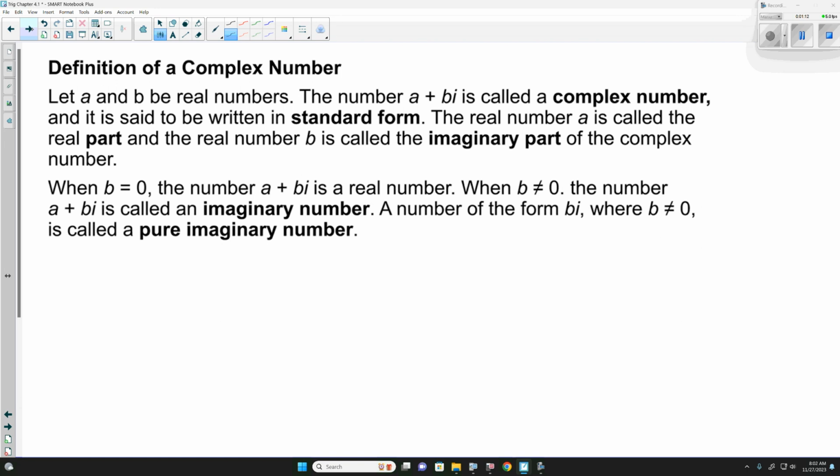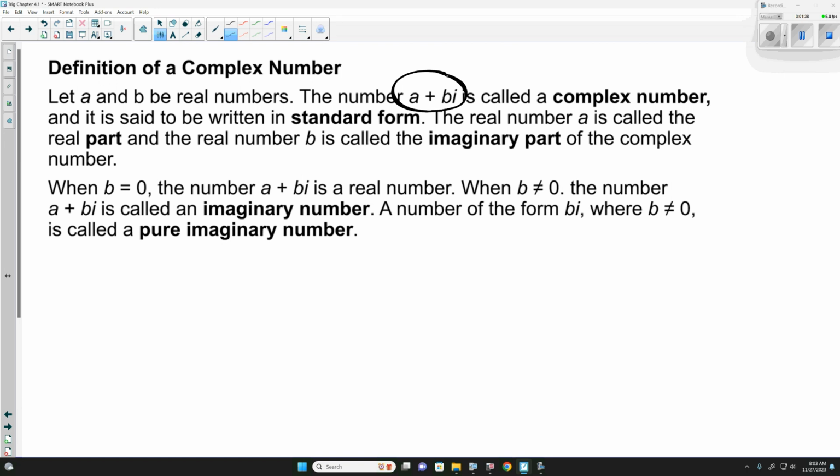Complex number: a plus bi comes in this form. It is a complex number, and it is written in standard form. We always put the real number first, our imaginary part second. A is a real number because it doesn't have i. Bi is the imaginary part because it has i. When b is equal to 0, the number a plus bi is a real number.